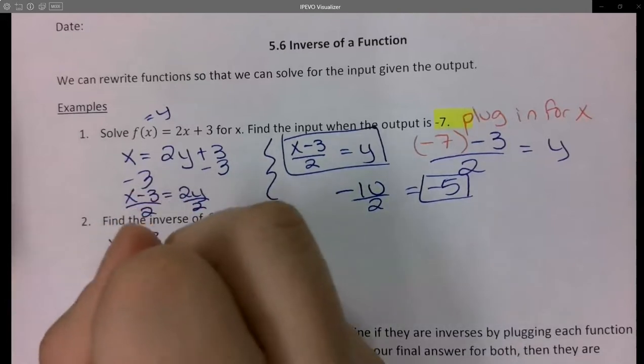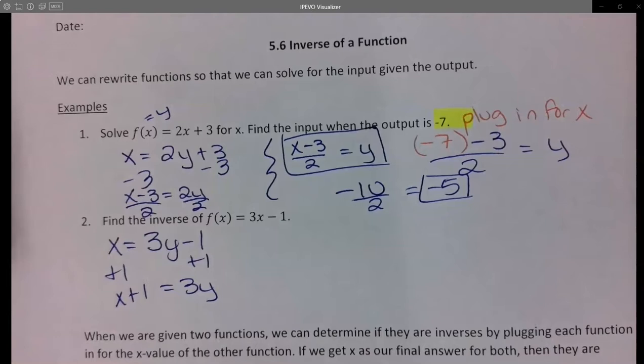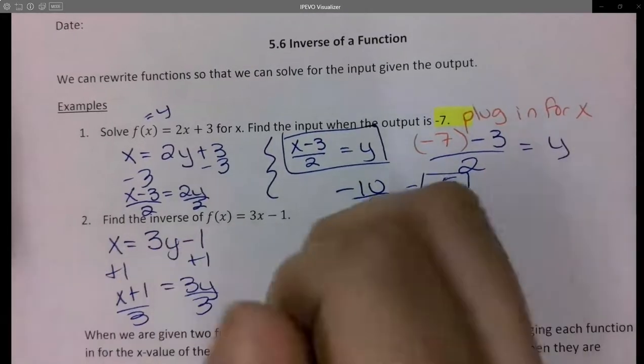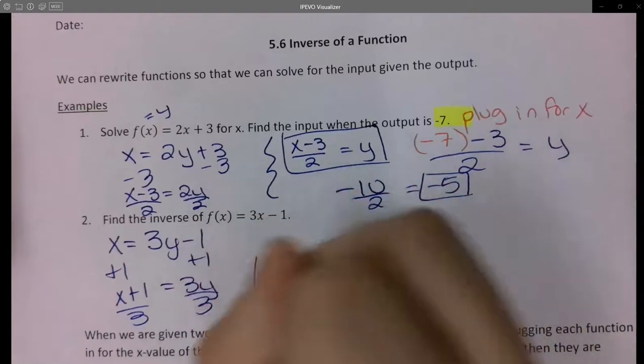So I get x plus 1 equals 3y. I want to divide both sides by 3. So I get y equals x plus 1 over 3.